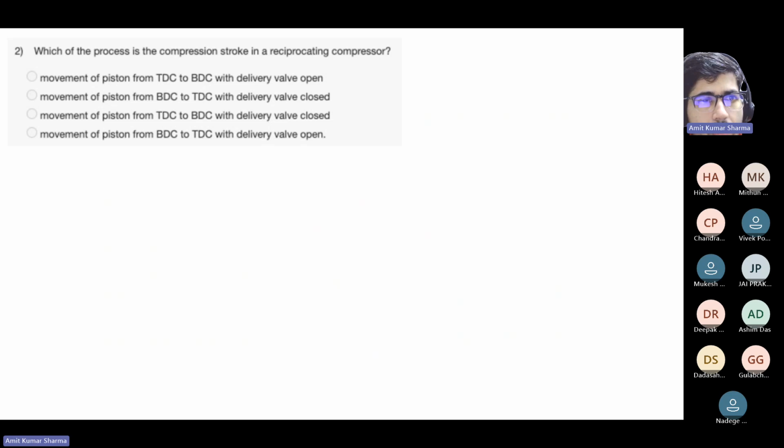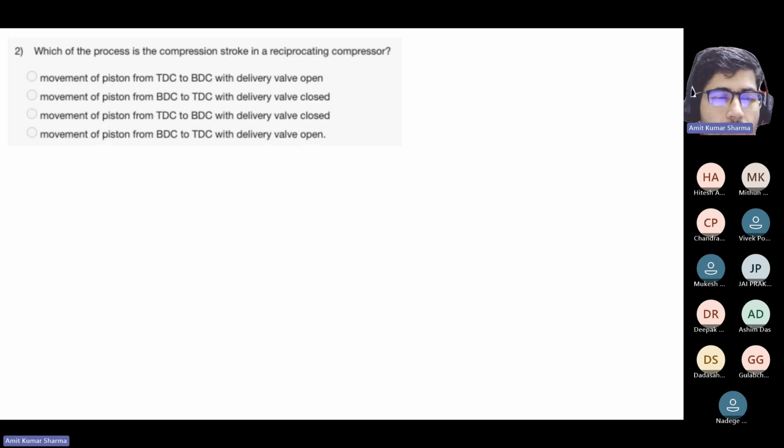Which of the processes is the compression stroke in a reciprocating compressor? Movement of piston from TDC to BDC with delivery valve open. Movement of piston from BDC to TDC with delivery valve closed. Movement of piston from TDC to BDC with delivery valve closed.